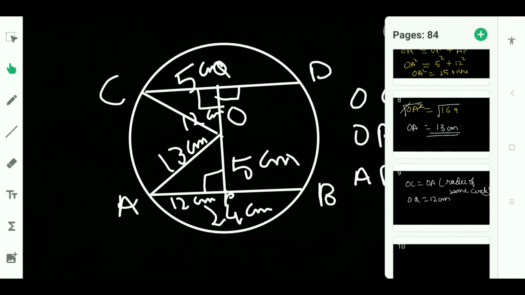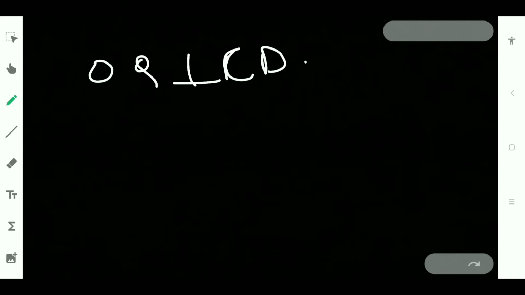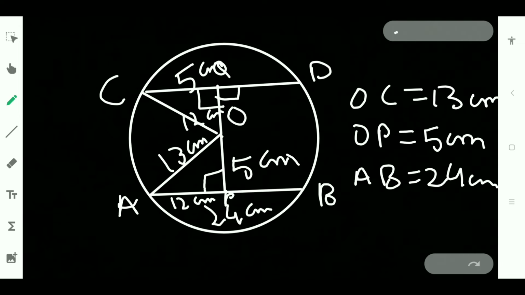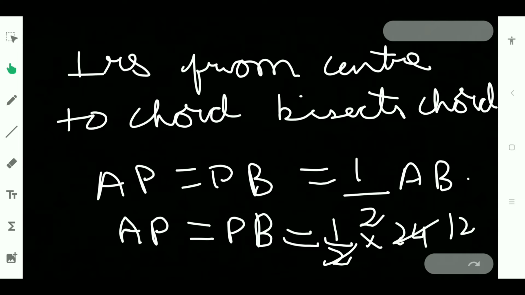OQ is perpendicular to CD. When OQ is perpendicular to CD, CD is nothing but a chord, OQ is nothing but a line from the center. So the same we will be using this statement.